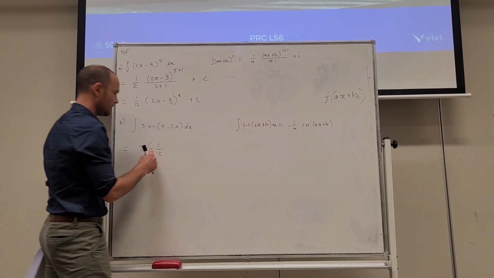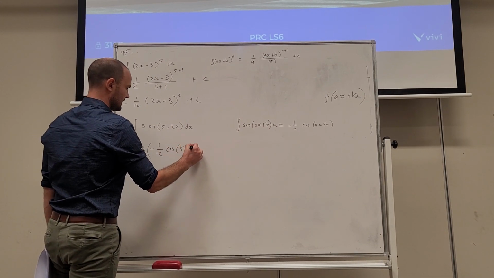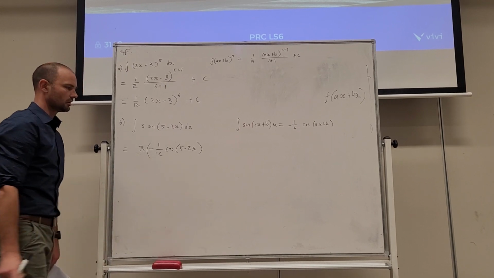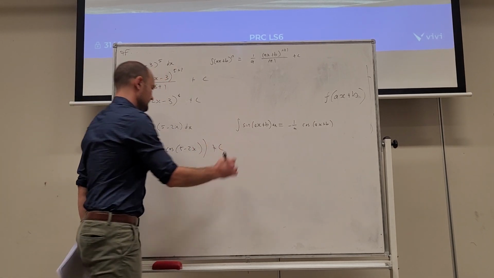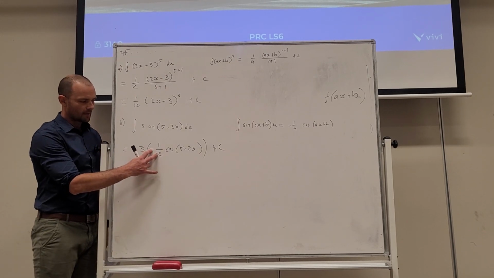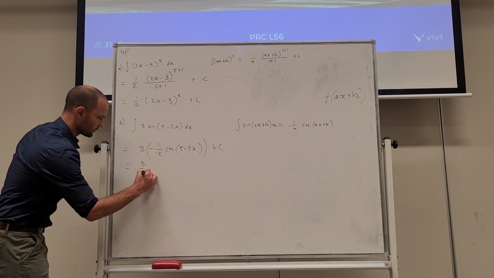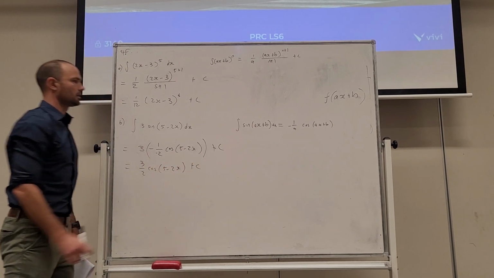That negative staying there, minus 1 on top of a, and then we just have cos of exactly what we have there. We don't need to change it. The ax and the b, close the bracket, plus c, and we can simplify. The negative and the negative are going to make a positive, so we have 3 on 2, cos of 5 take 2x, plus c.